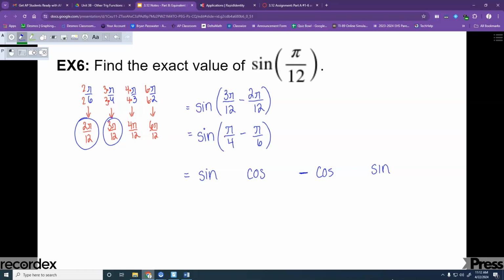Sine stays the same. And then I'll go back and fill it in. This will be pi over 4. This will be pi over 6. Pi over 4. Pi over 6. Okay. Is everybody okay here?